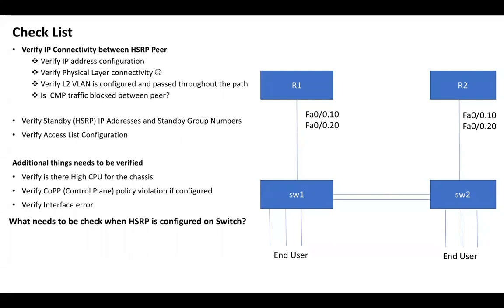But in case HSRP is still not working as expected, I request you to verify these additional checks. Verify CPU utilization on R1 and R2, as well as verify your CoPP status.